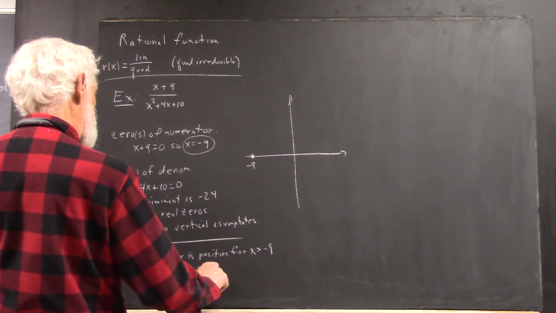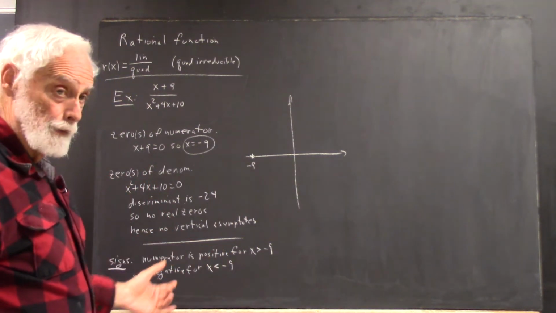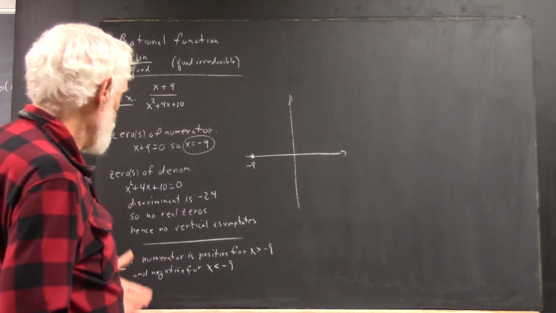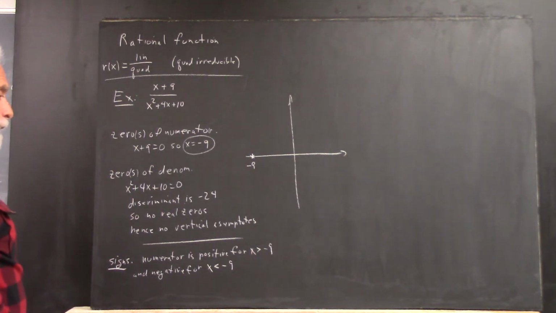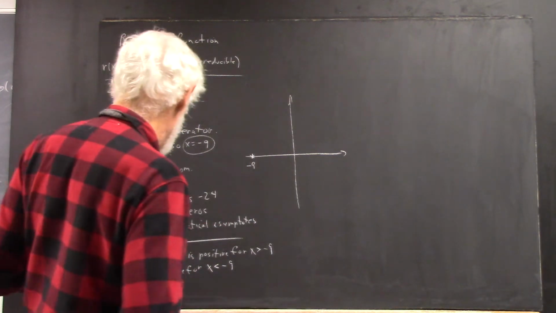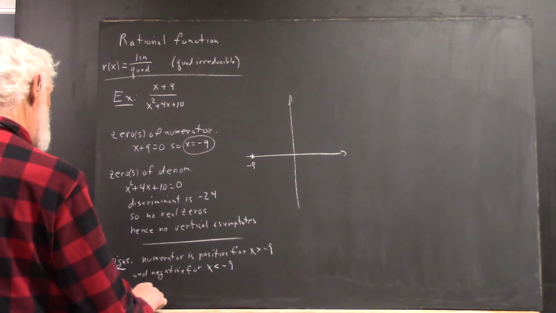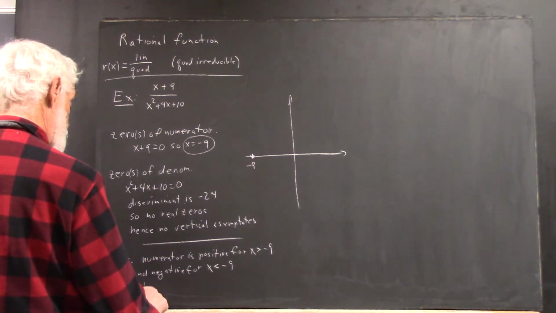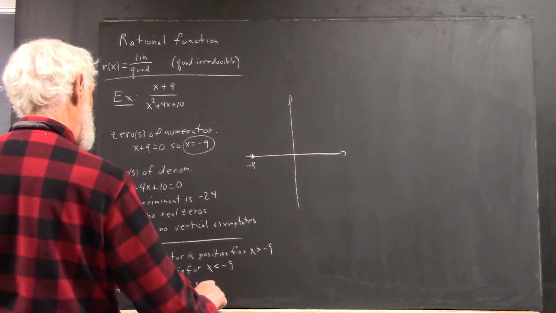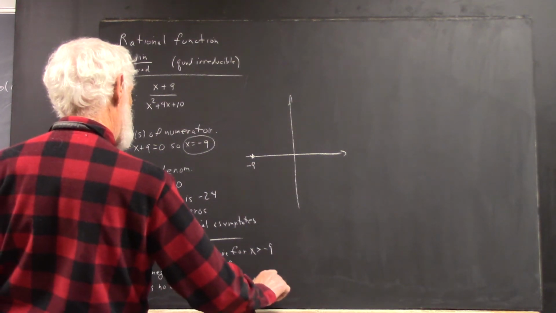Also negative for x less than -9. Take a number less than -9, even like -10. -10 and 9 is -1, that's negative, so the numerator is negative everywhere to the left of -9. So the numerator is positive from here over, negative from here over. The denominator has no zeros, so it doesn't change sign.